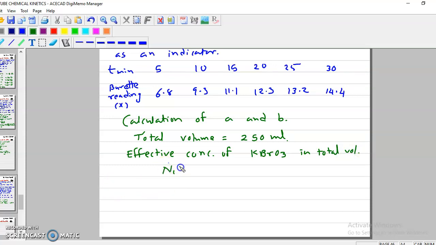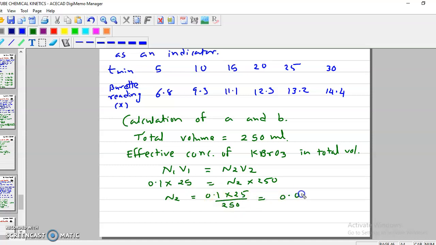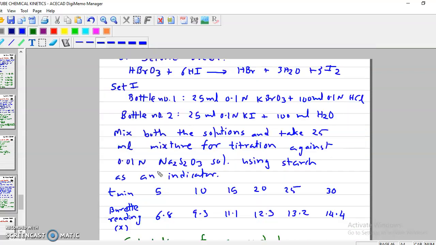For that we write N1V1 is equal to N2V2. N1 is 0.1 normal. We are taking 25 ml of the mixture. Now total volume is 250 ml. So N2 will be 0.1 into 25 upon 250, which is 0.01 normal KBrO3. So this is the effective concentration of KBrO3 in total volume.